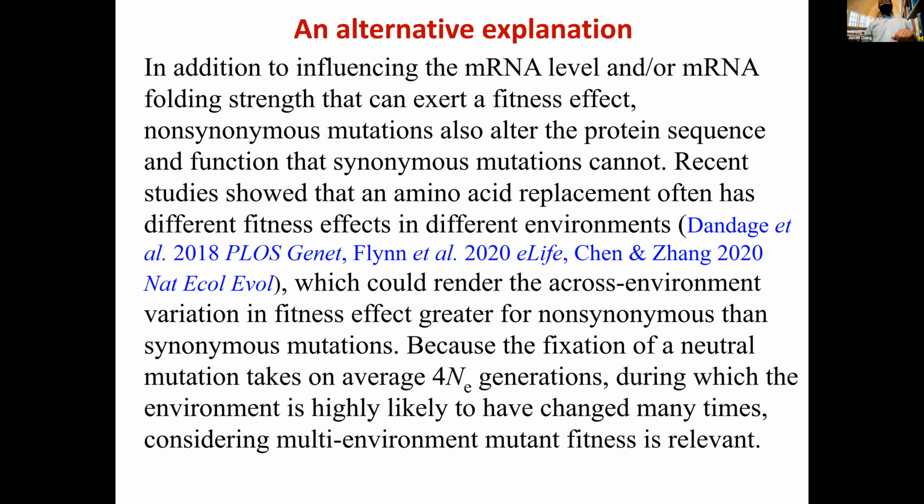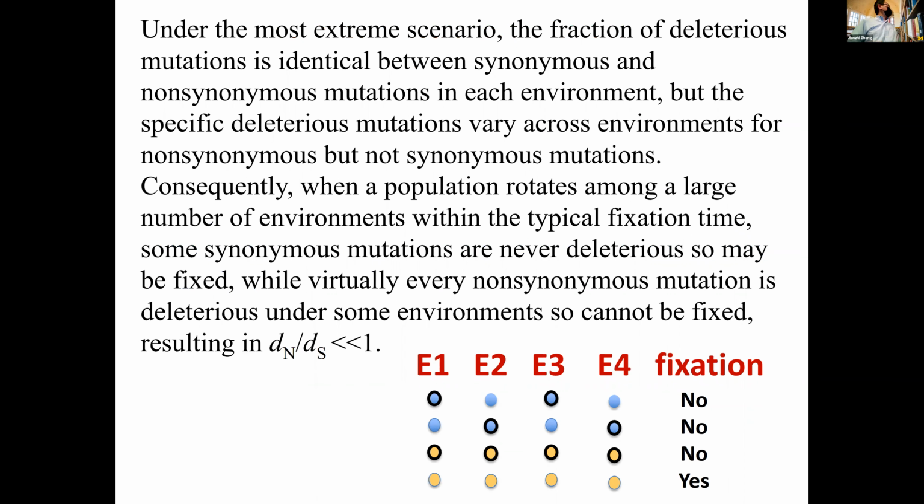In a more extreme case, look at this diagram. We have 2 non-synonymous mutations and 2 synonymous mutations. In environment 1, 50% of them are deleterious, marked by the bold circle, and 50% are neutral, and the same for synonymous mutations. I have 4 environments. If the fitness effect of a non-synonymous mutation varies across environments, the same mutation is neutral in some environments and deleterious in others.